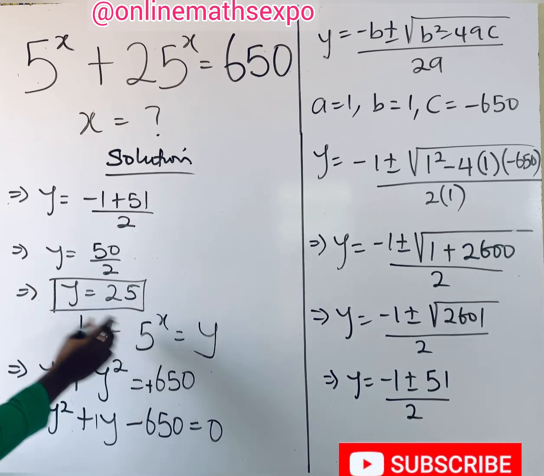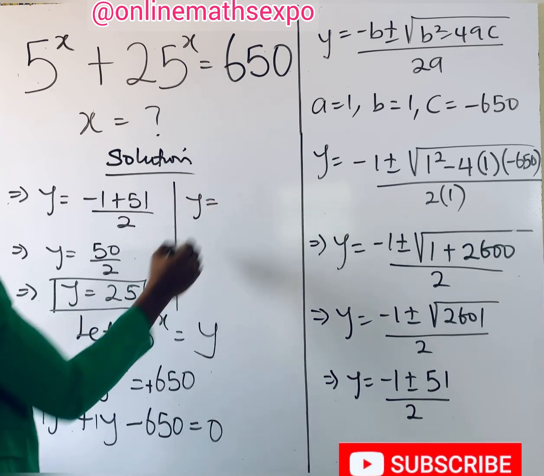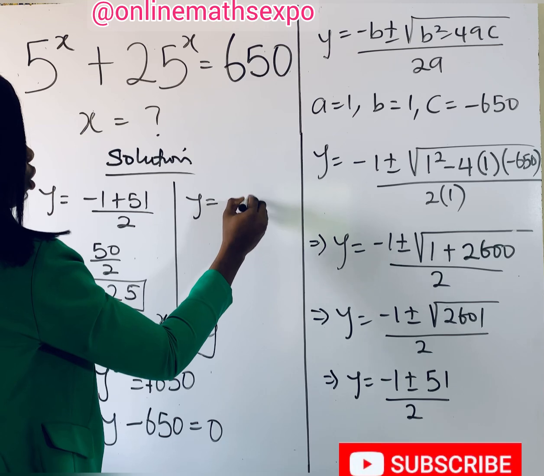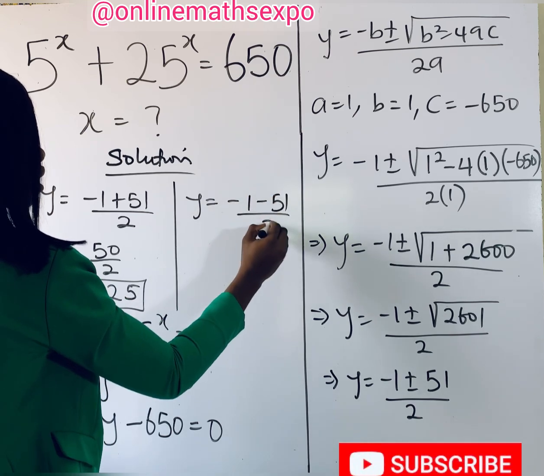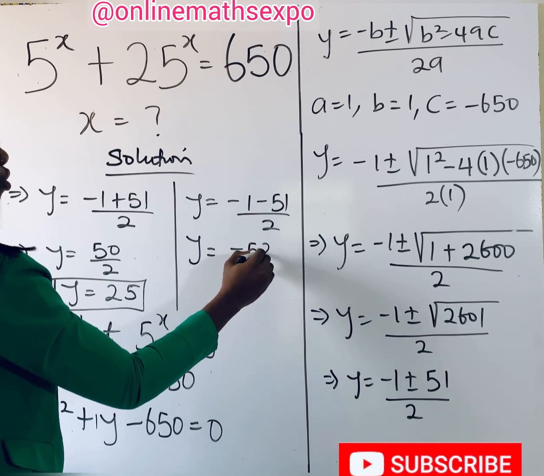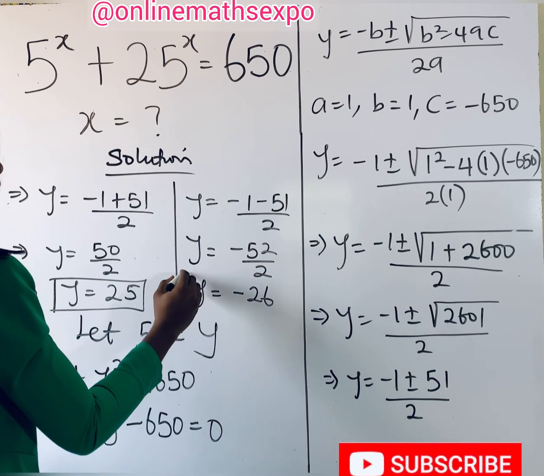Now you also do it for the negative. So we're going to have y equal to -1 minus 51 divided by 2. So it gives you y as -52 divided by 2. So y will give us -26.